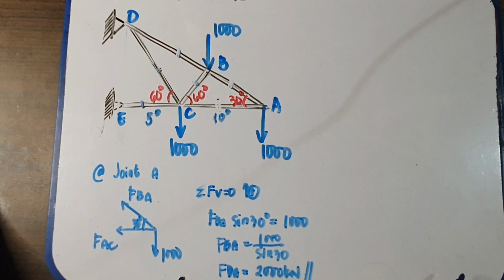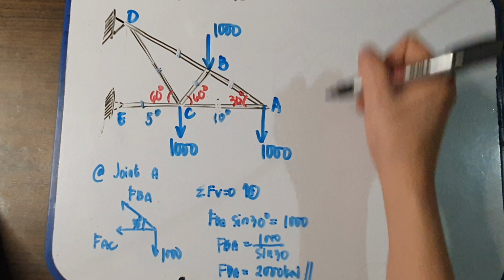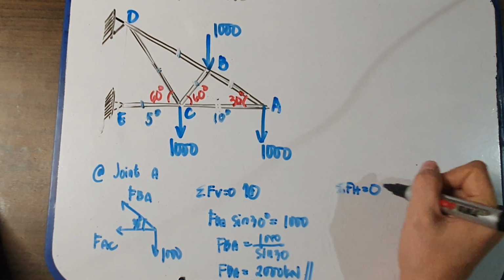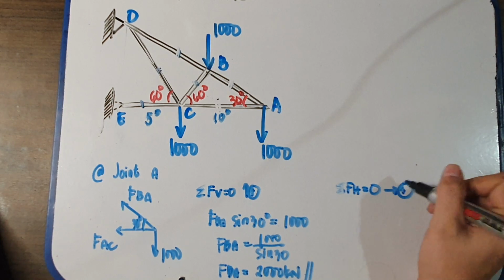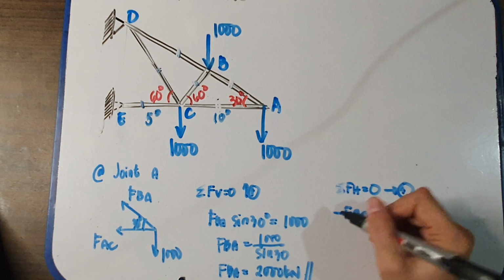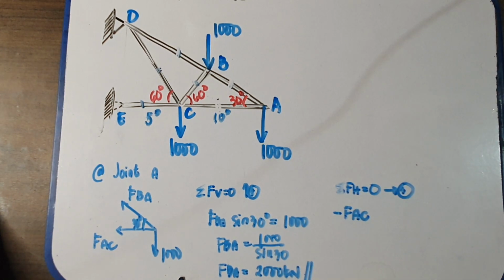So, next, meron tayong FBA. Ano yung pwede natin makuha para makuha si FAC? Since horizontal yan, pwede natin gawin na summation forces horizontal is equal to 0, going to the right is positive. So, we have FAC negative. Yung FBA natin, di ba, compression or tension?